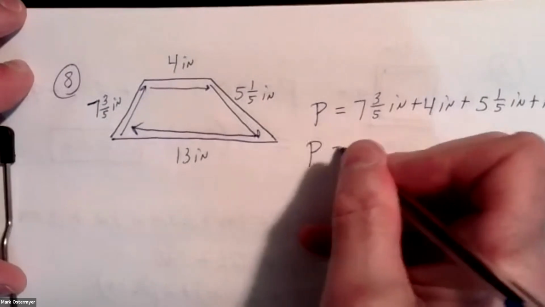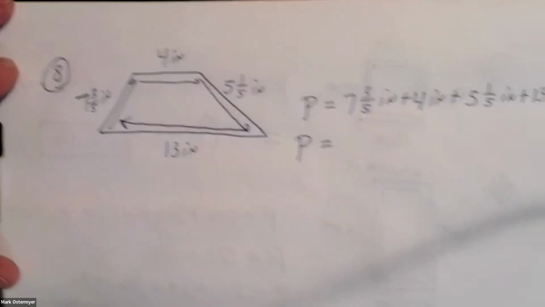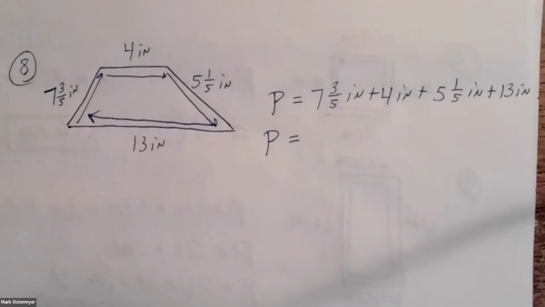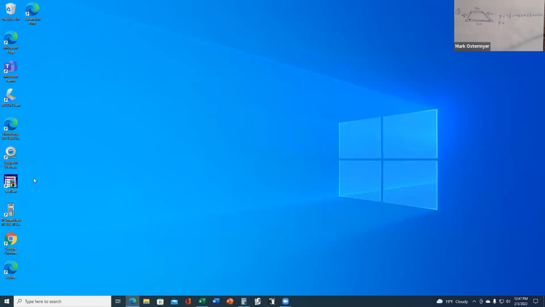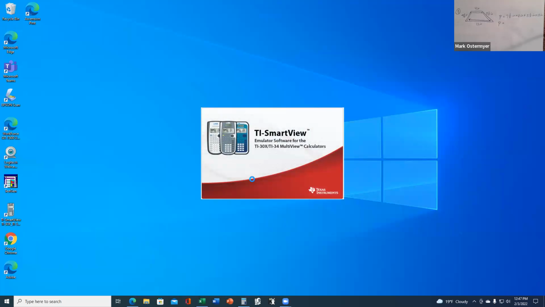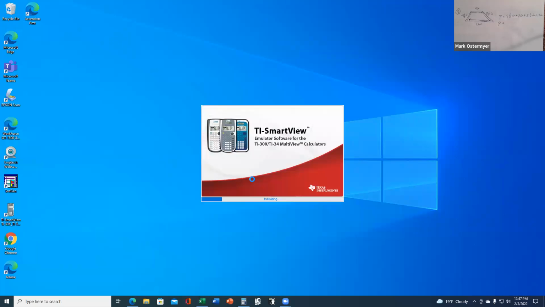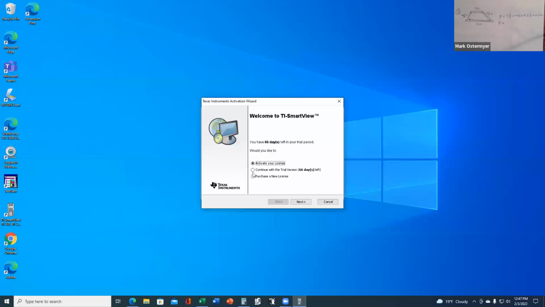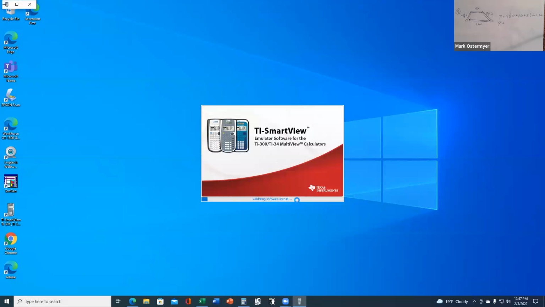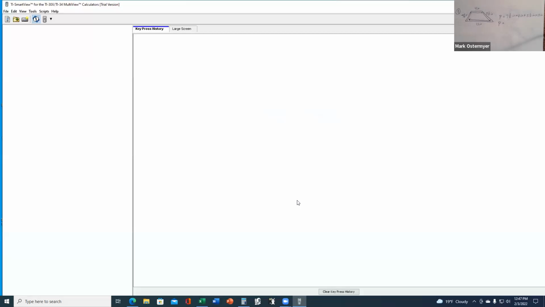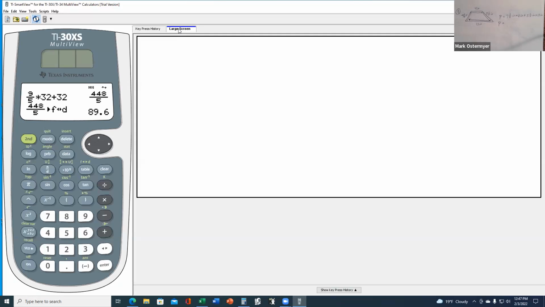So how do we find the perimeter? Well, we can add all these up here, and feel free to use your calculator to add these up. So let's go get our calculator and see if it's working this morning. All right.